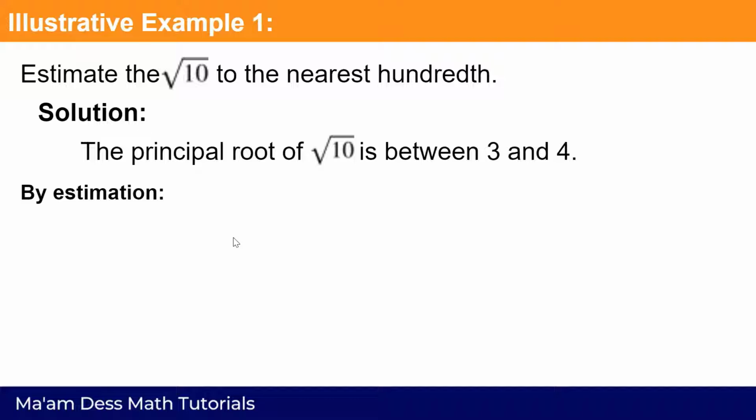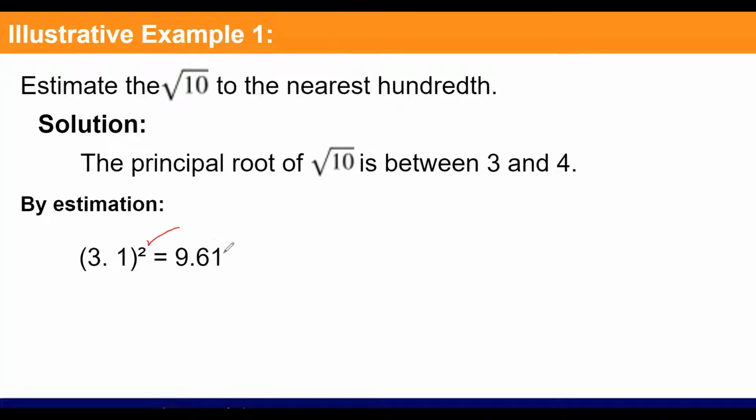So, by estimation, gamitin po natin ang 3.1 kasi mas malapit yung square root of 10 sa 3. So, 3.1, ibig sabihin nito, multiply by itself. Okay? And then, ang sagot po natin ay 9.61 or 9 and 61 hundredths.